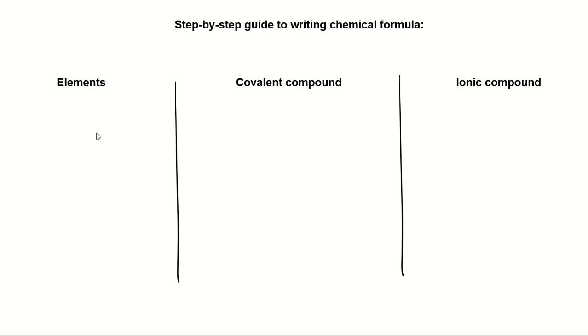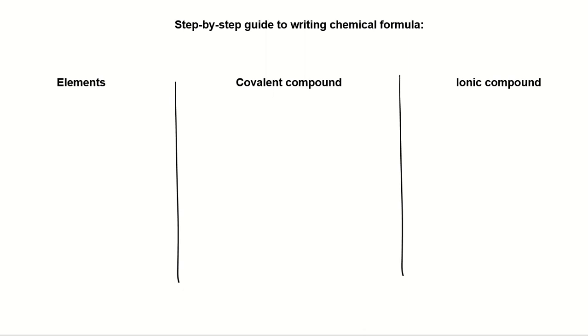Because the way of writing the chemical formula for an element, covalent compound, and ionic compound is different. So on your piece of paper, I want you to divide it into 3 parts. One column for element, one column for covalent compounds, and another column for ionic compound. And once you're done with that, we shall continue.